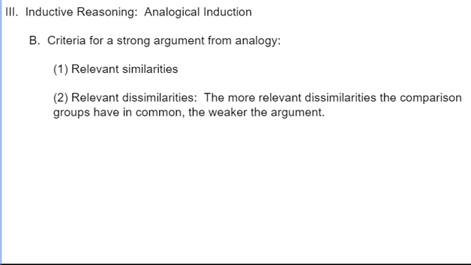For example, mice are much smaller, right? They might have a different type of immune system. There's lots of things that are dissimilar between me and mice, whereas there's not as many relevant dissimilarities between me and another human being. There'll be some dissimilarities.